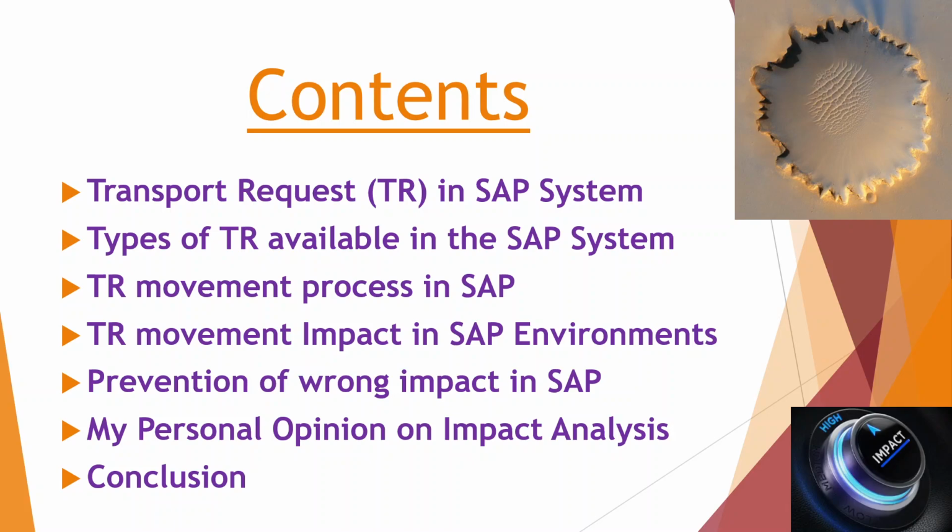Then we will also understand the variety of transport requests available in the SAP system, how the TR movement process gets defined for a particular client, how it moves, and what all the steps involved in it are.